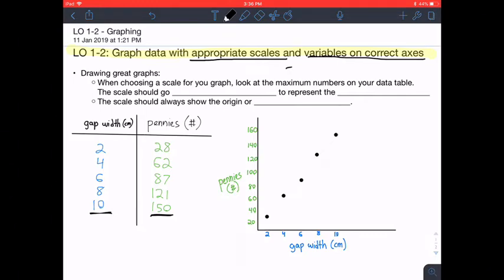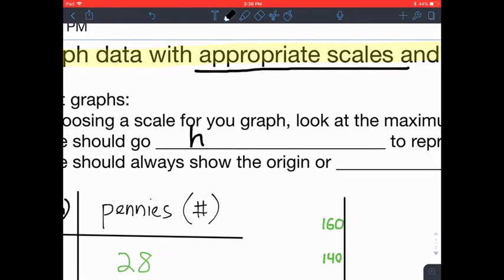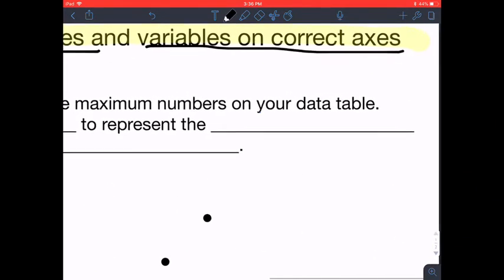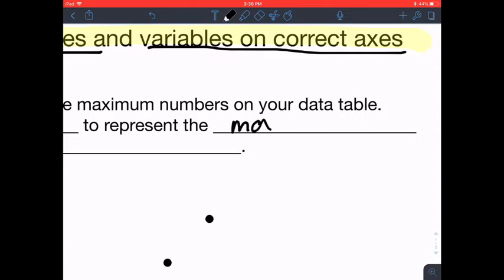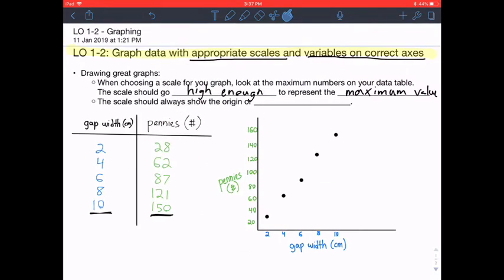And so the key here is that your scale should always go high enough to represent the maximum value. And in physics, we usually also want to make sure that our scale goes low enough to represent 0. So you usually want to have that there also.